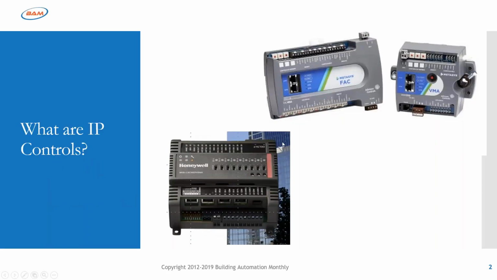All right, so what are IP controls? Here are two IP controls lines from two different manufacturers, Johnson Controls and Honeywell. You can see the Johnson Controls IP controller right here. It has two Ethernet ports, two RJ45 ports for Ethernet to connect into.